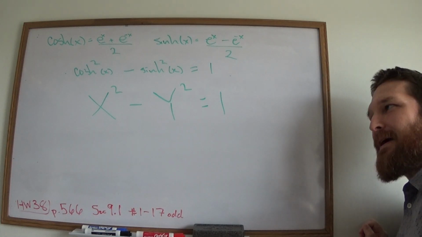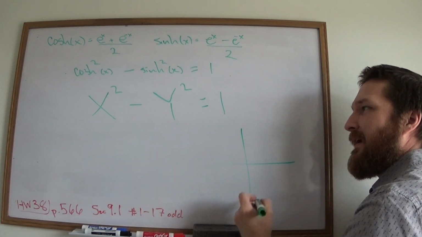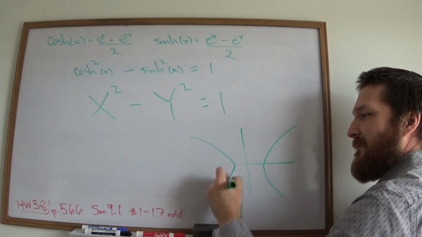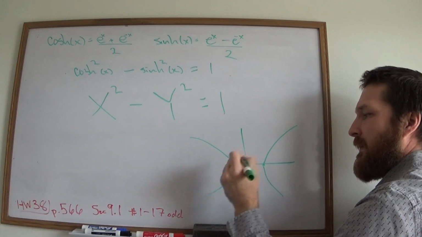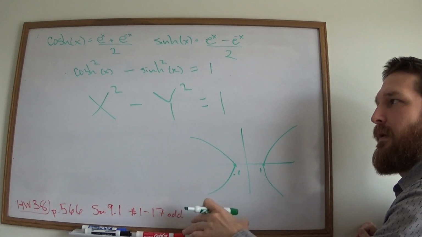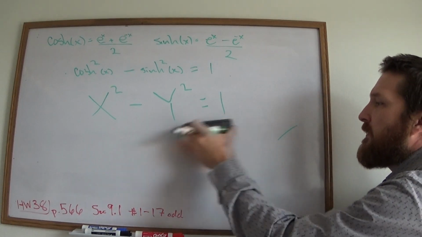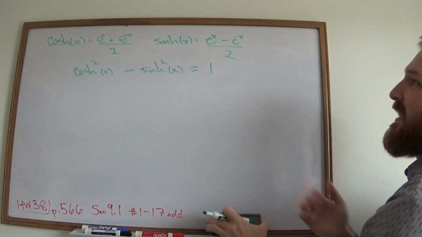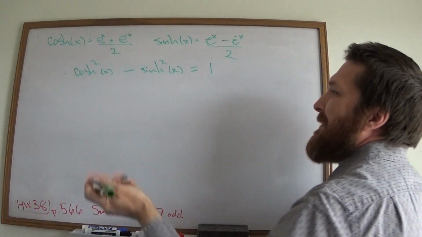A hyperbola. It's a hyperbola in the plane. It would be like this, right here, through -1 and 1. That's my claim. Let's prove that it's true. This is why there's an h there. That's because it's a hyperbola.